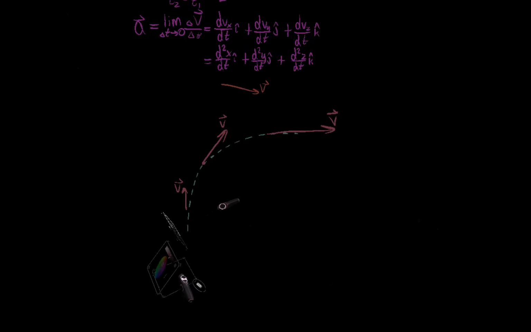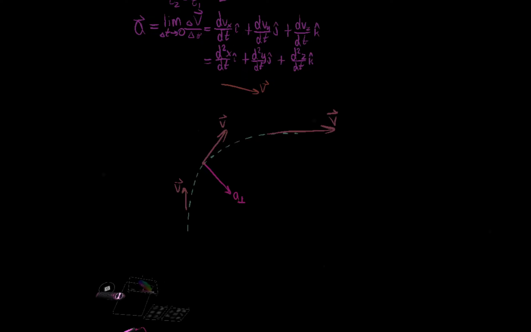Well, we have some component of acceleration this way to produce the curved path. That must be present. If there was no acceleration this way, then our path would continue along in a straight line.